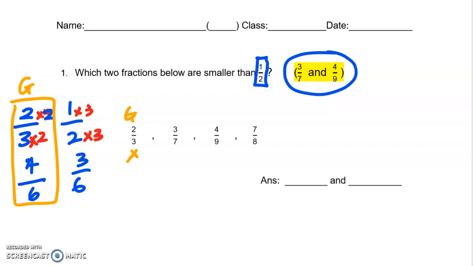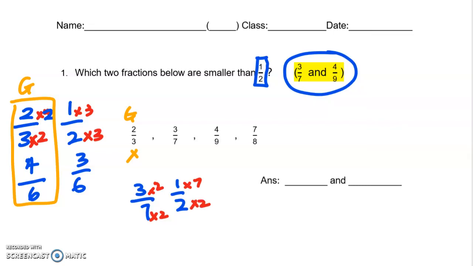Then you go on and check the next fraction, which is 3 out of 7. 3 out of 7 and half. Same steps, we'll make them into like fractions by making their denominators the same.